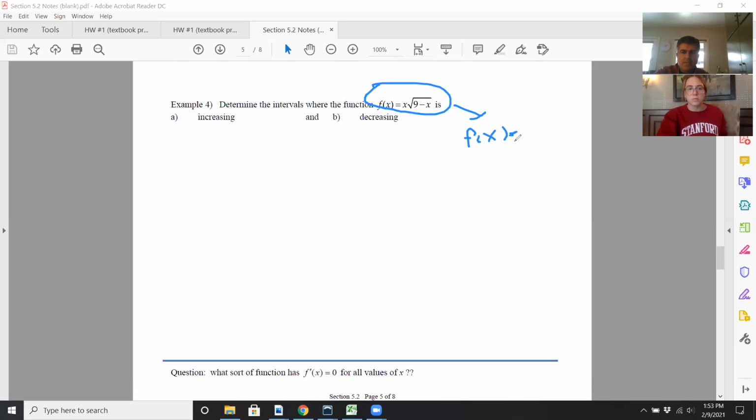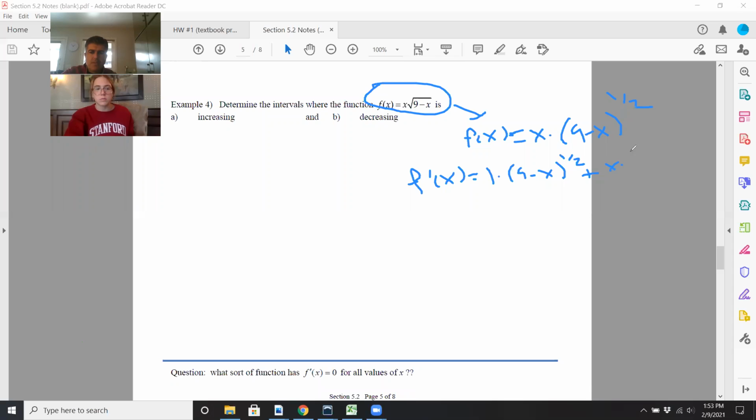That's going to be x times 9 minus x raised to the 1/2 power. So you've got to do a product rule. So 1 times 9 minus x to the 1/2, plus x times 1/2 times 9 minus x raised to negative 1/2, and times negative 1, by the way.